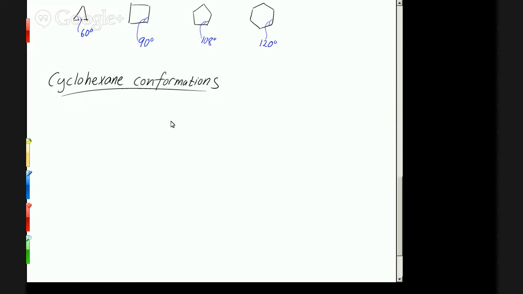So the book says start with two parallel lines, one slightly offset from the other, like this. That's going to be our seat of our chair.